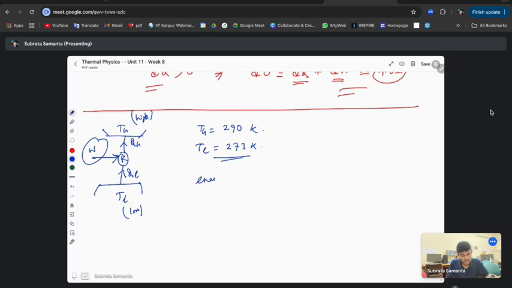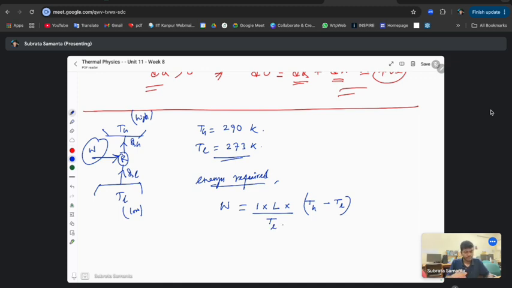And the energy required to convert this, this is basically W. So this is 1 kg times your latent heat L, times the change in temperature, so TH minus TL over TL.